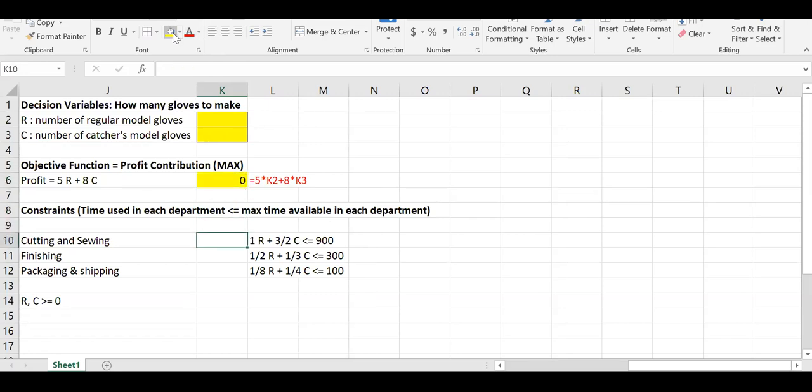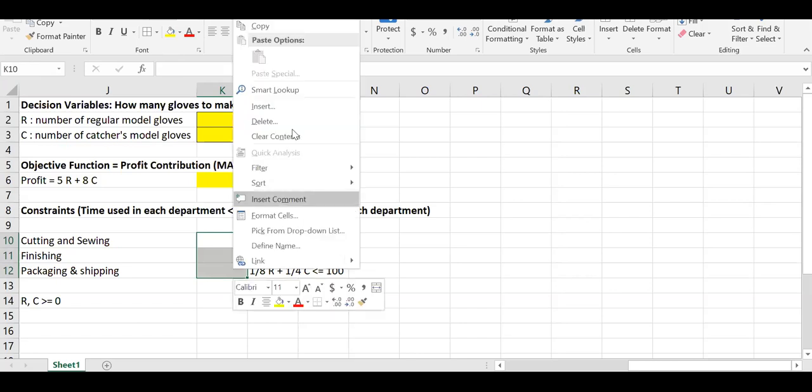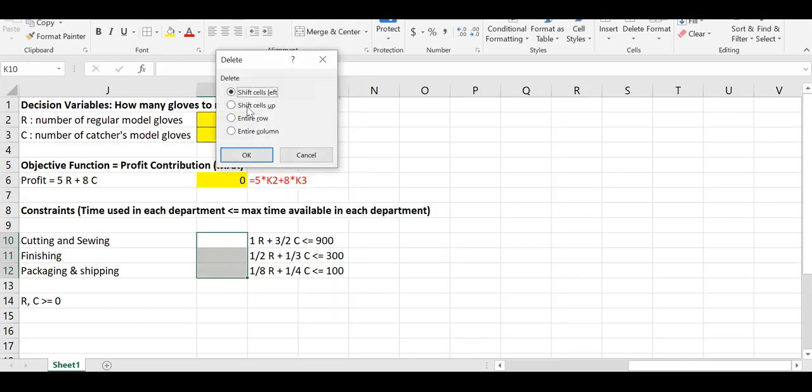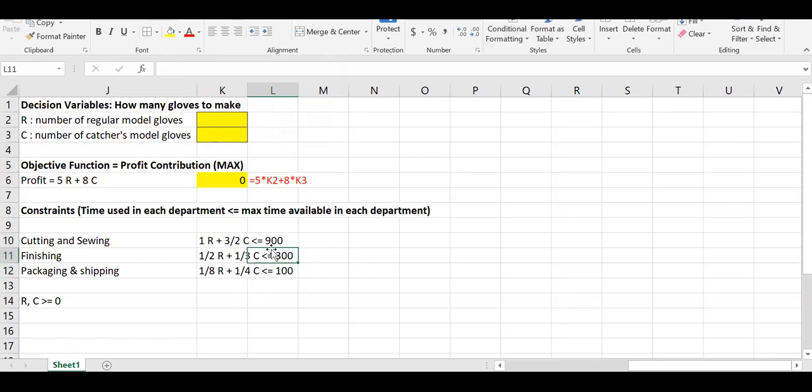And now for the left-hand side of the constraints. You should have the left-hand side in one cell with a formula that uses the decision variables.